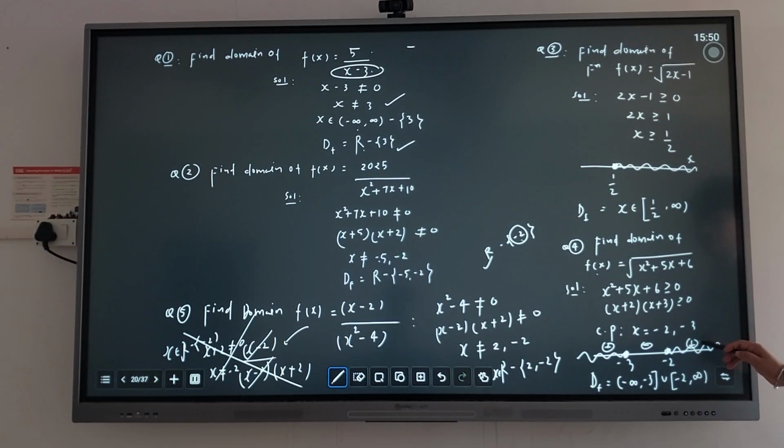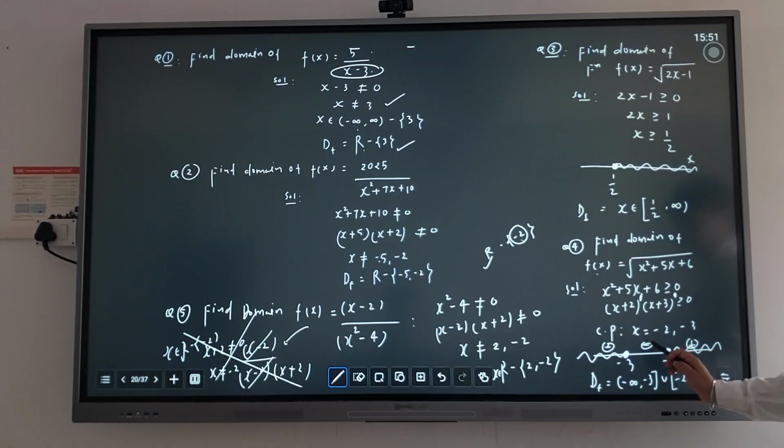From the wavy curve method we know the rightmost region is always positive, and minus 2 comes from this factor and the power of this factor is odd, and when the power is odd the sign will change, it will become plus to minus. Then we go from critical point to critical point, minus 3 comes from this factor and the power of this factor is also odd, so the sign will be interchanged. If the power is even then the same sign will propagate, but the power is odd so the sign will change.